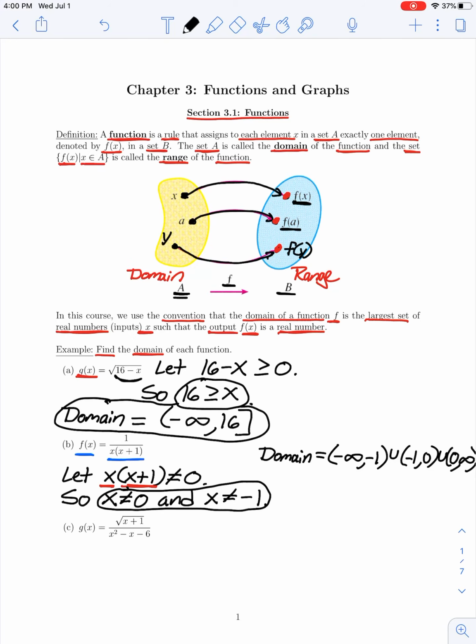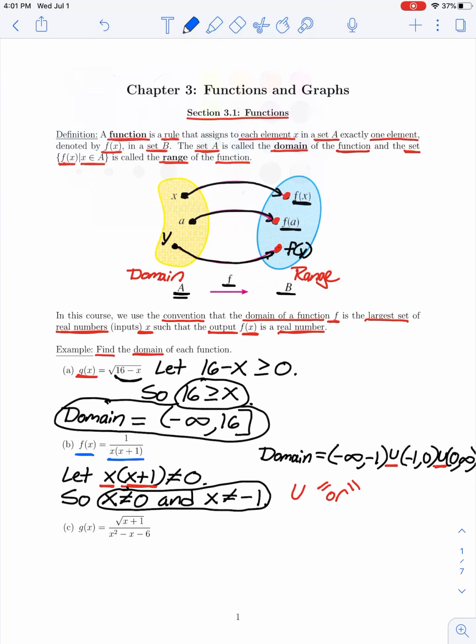So recall here that this little U notation is a union symbol, and this is read as the word "or." We can take values of x that lie within any of these three intervals. That is, all real numbers except 0 and negative 1.